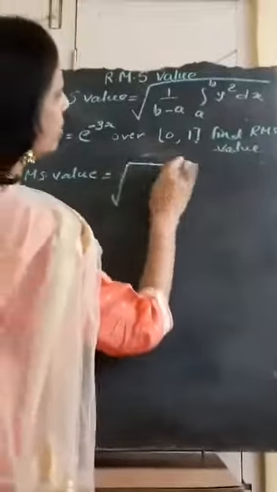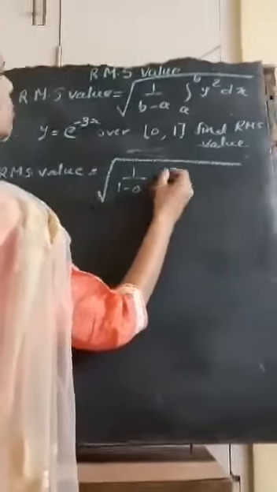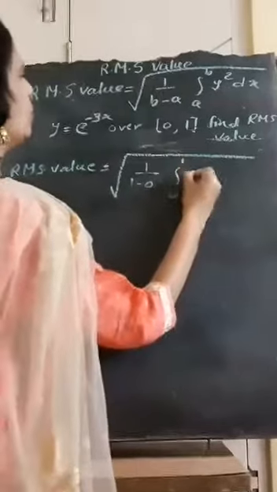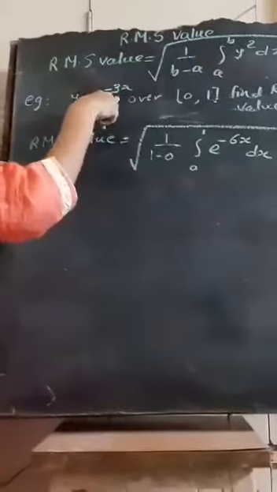So what will be the RMS value? It will be the square root of 1 upon 1 minus 0 integration 0 to 1 e raised to minus 6x dx. That is why I have taken e raised to minus 3x.